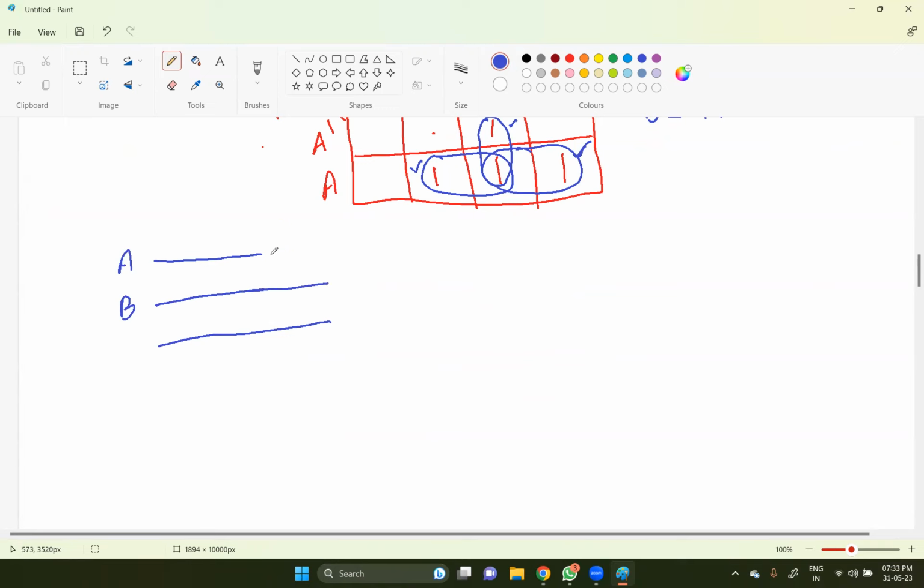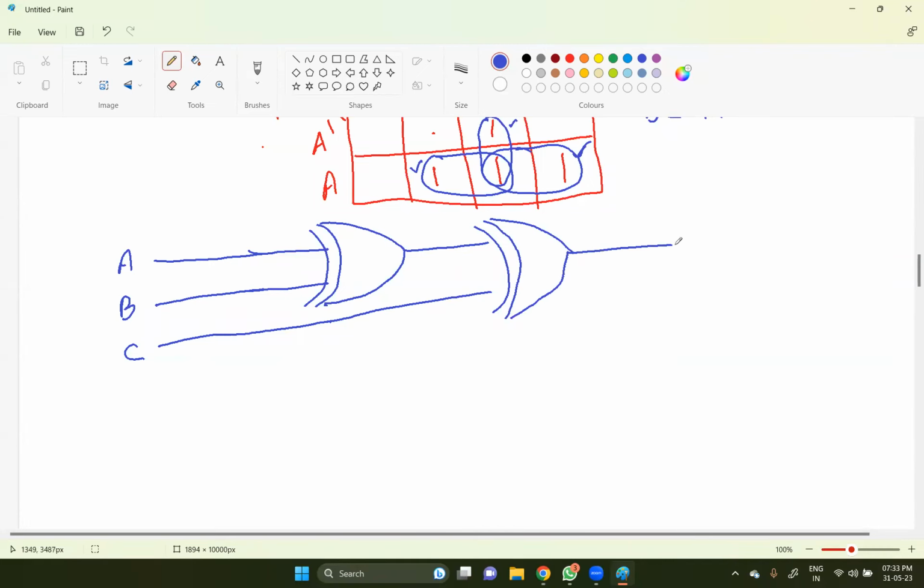Here it is A exclusive OR B, whatever the outcome you got here is going to take the exclusive OR with C here. So this is A exclusive OR B exclusive OR C, which will be equal to sum. This is the sum which we have to draw.